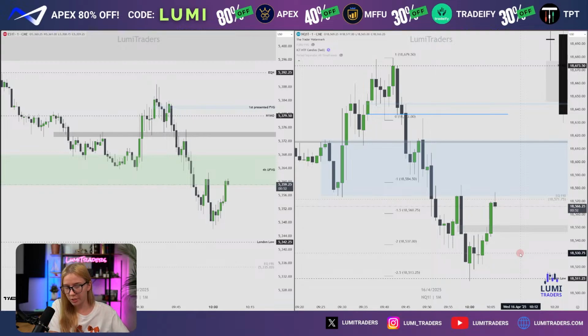I shared this yesterday on Twitter. We got lots of different examples on different time frames with this, right? Interesting. So I'm looking for a potential 1-minute smart money reversal because for now we don't have any. Structure still remains bearish.